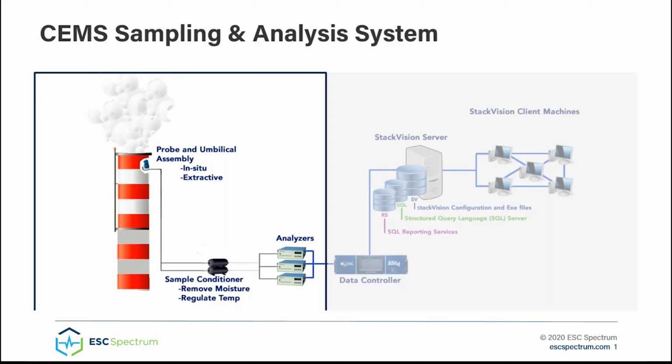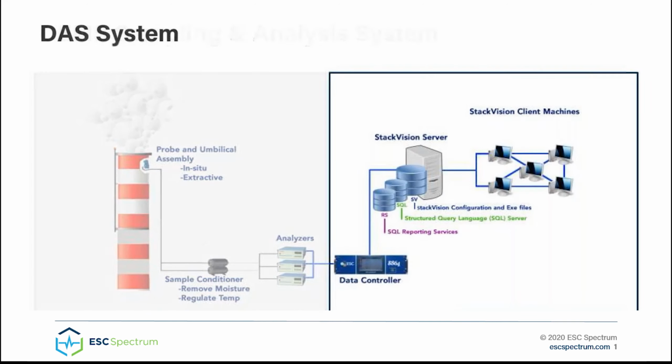From there, the sample travels down through an umbilical to a sample conditioner where moisture is removed. The dry air sample then enters the analyzers where the concentrations of contaminants are measured. For gas turbine electric power plants, that typically includes nitrous oxides and carbon dioxide. And depending on the analyzer, measurements can be read using analog or digital communications such as Modbus.